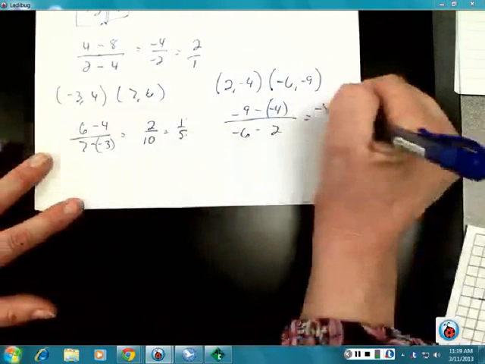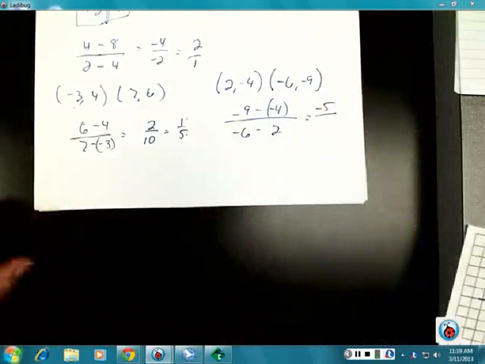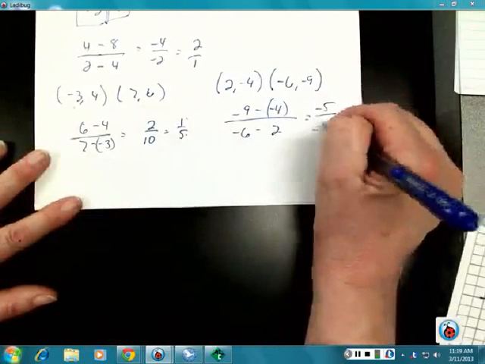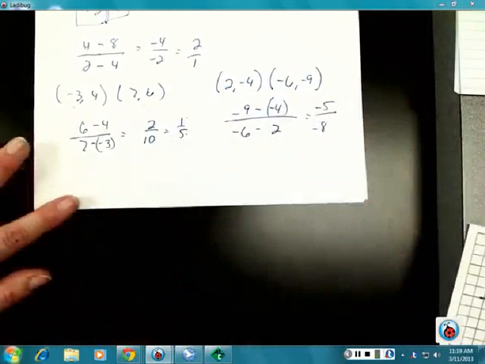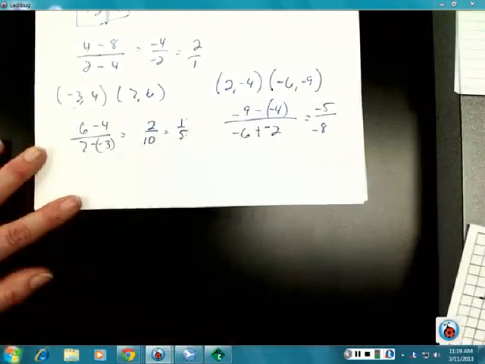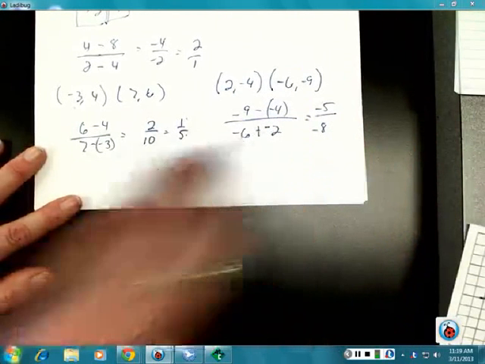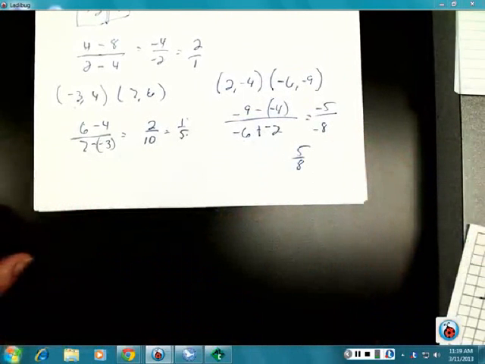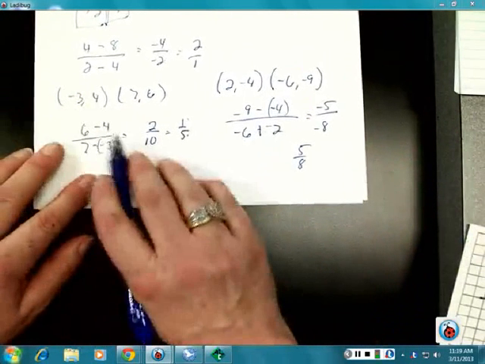Negative 5 is the top. What's the bottom? Is it negative 8 or positive 8? Negative 8. Yep. Remember, with your subtraction, you change your sign and change the sign on the one after it. So negative 6 plus a negative 2 is a negative 8. So my slope is a positive 5/8. Okay with that, do you think?